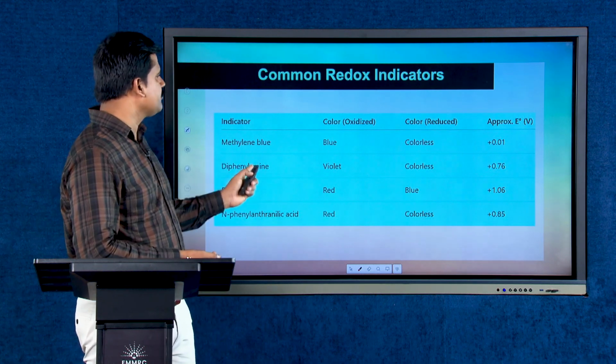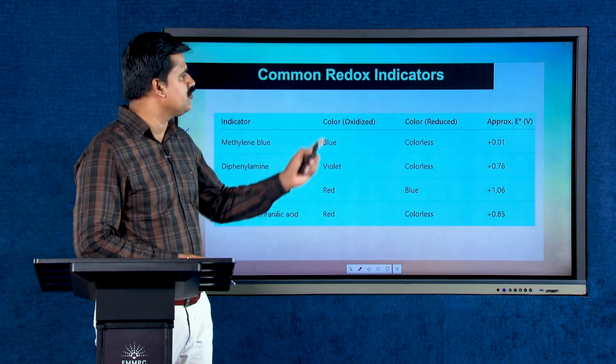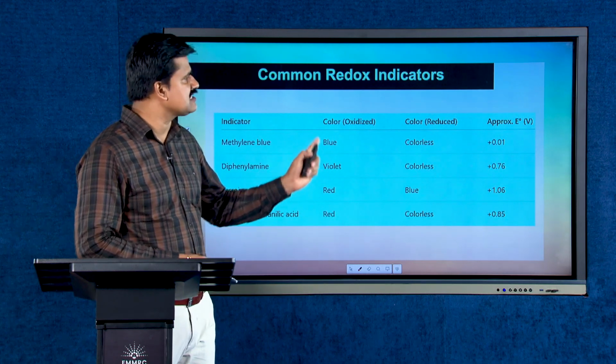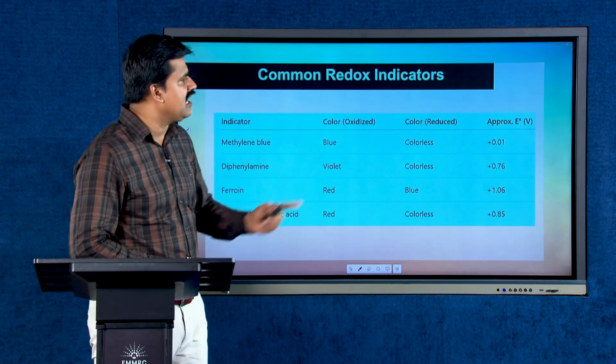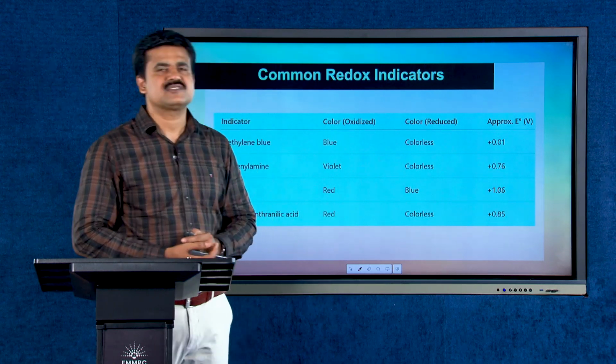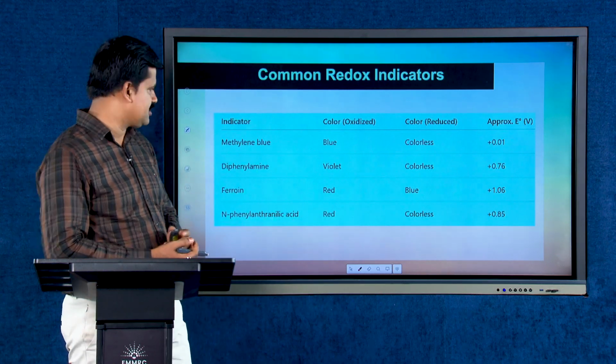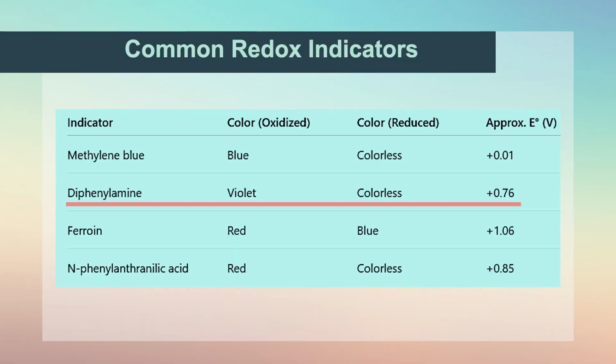It includes methylene blue, which is blue in oxidized form and colorless in reduced form, and its potential is positive 0.01 volt. Similarly, diphenylamine has violet color in oxidized form, which is colorless in reduced form, and its potential is plus 0.76.